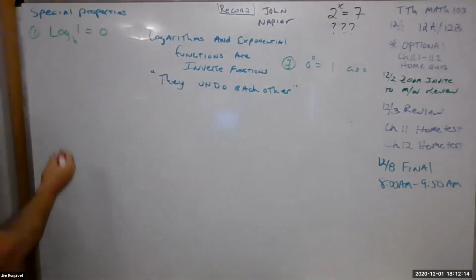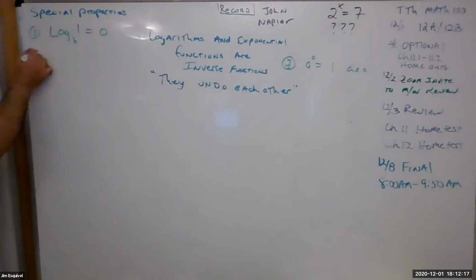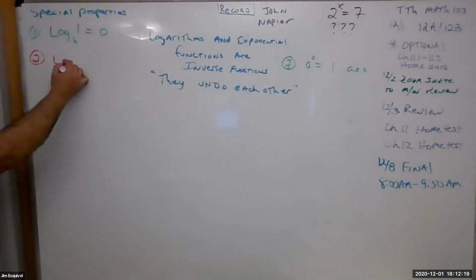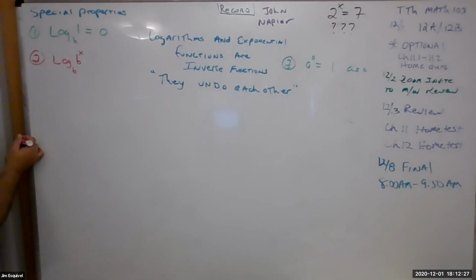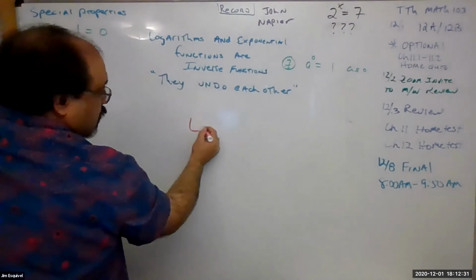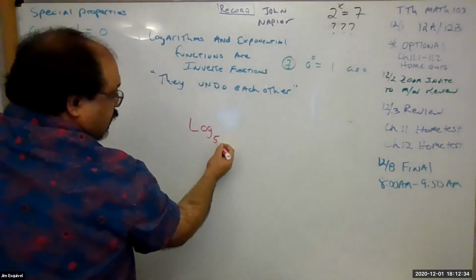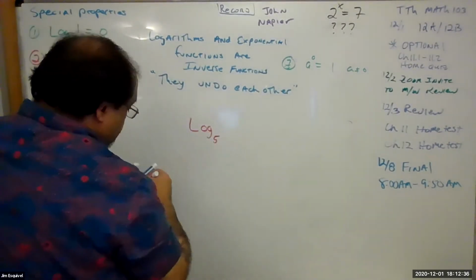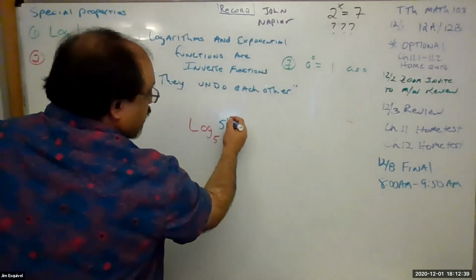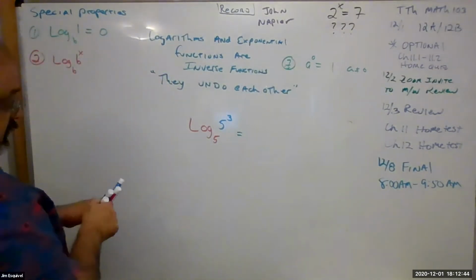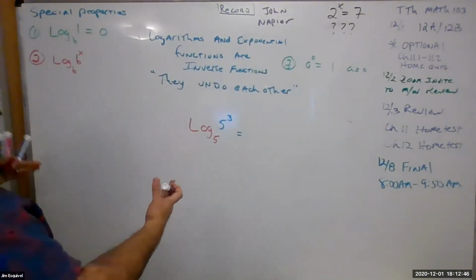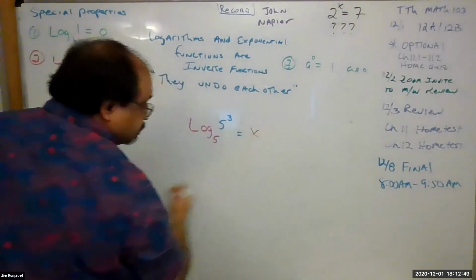So the next property is log base b of b to the x power. In other words, if I had log base 5, and then inside, I'm taking 5 to the third power. Let's just say, what does that equal? Let's call it x.